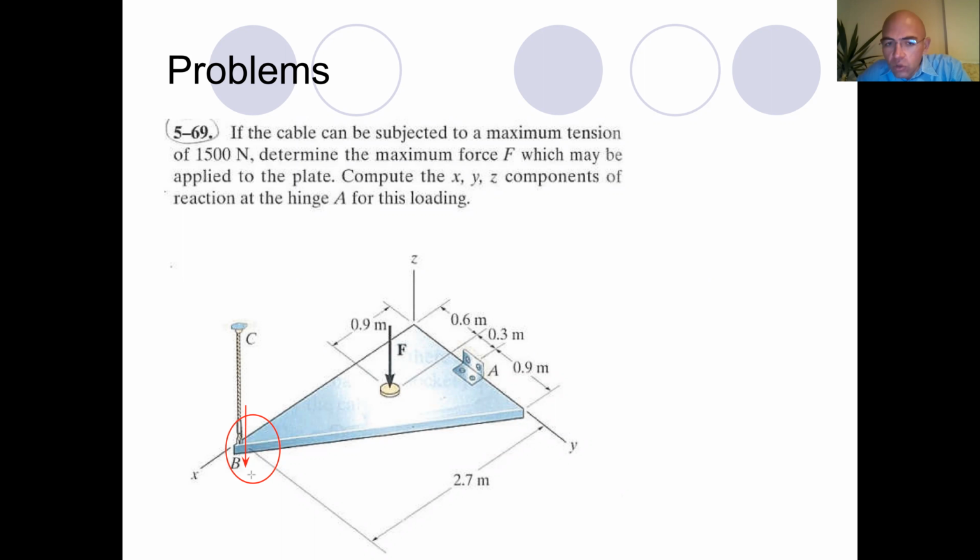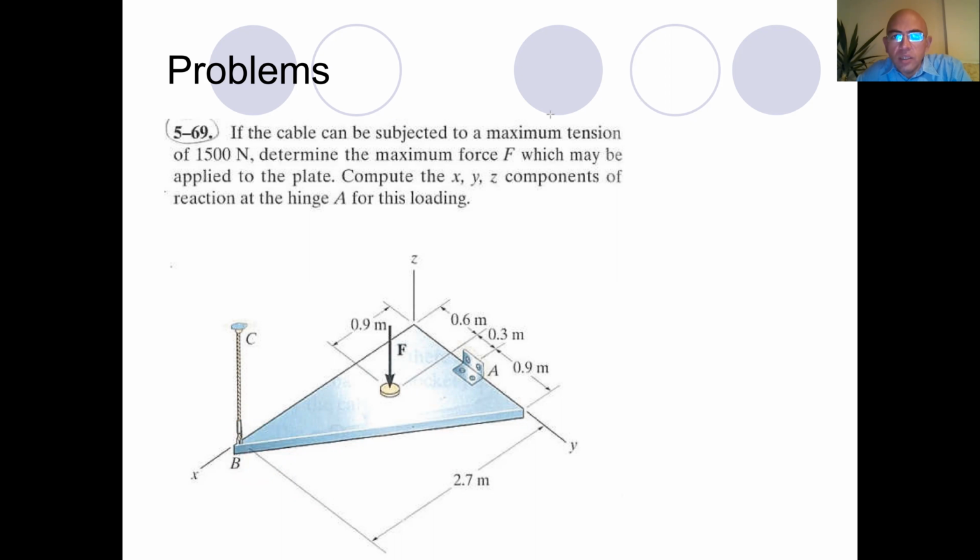So the plate cannot go in this direction. As a result, there will be a reaction force which avoids the motion in this direction. So in Z direction, I can easily say that located at point B.